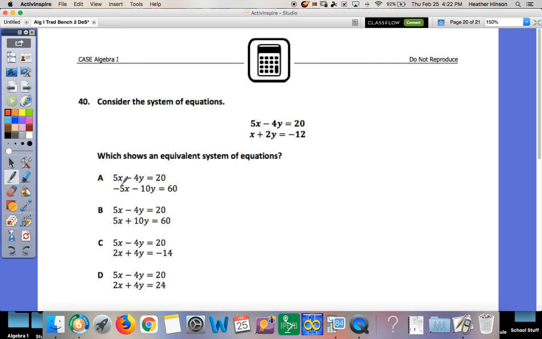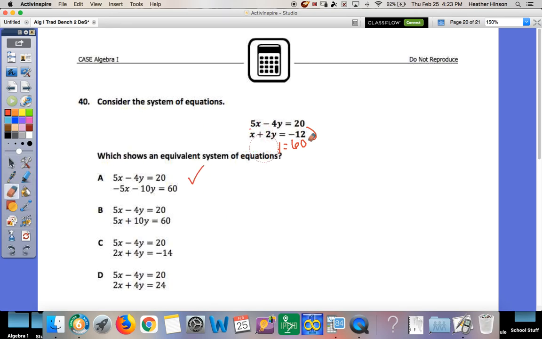So the first one, they took our x and they made it -5x, which means they multiplied by -5. So if we multiply -5 by all of this, we get -5x, -10y, and a +60. Did they multiply that out correctly? Yes. So this one checks out.